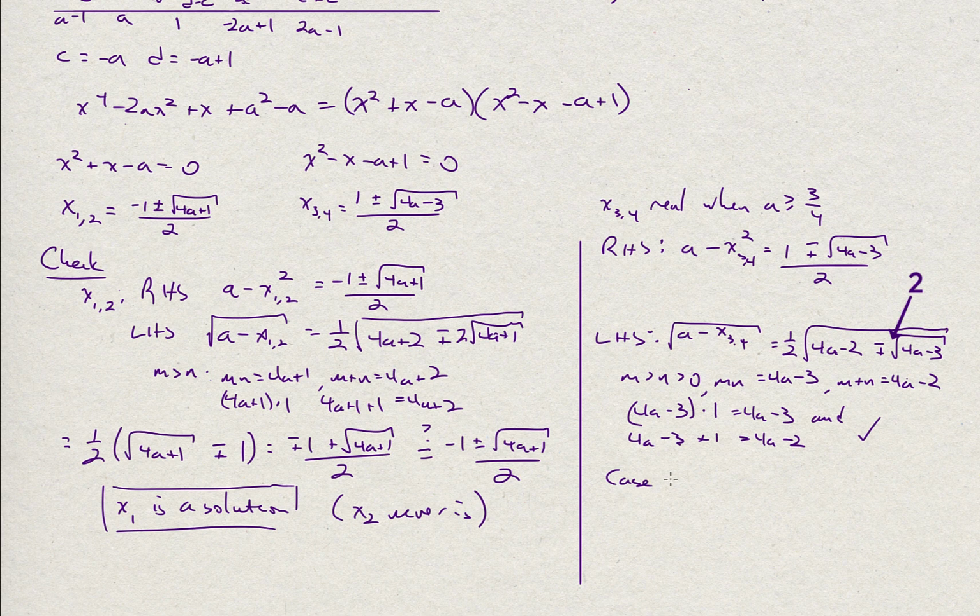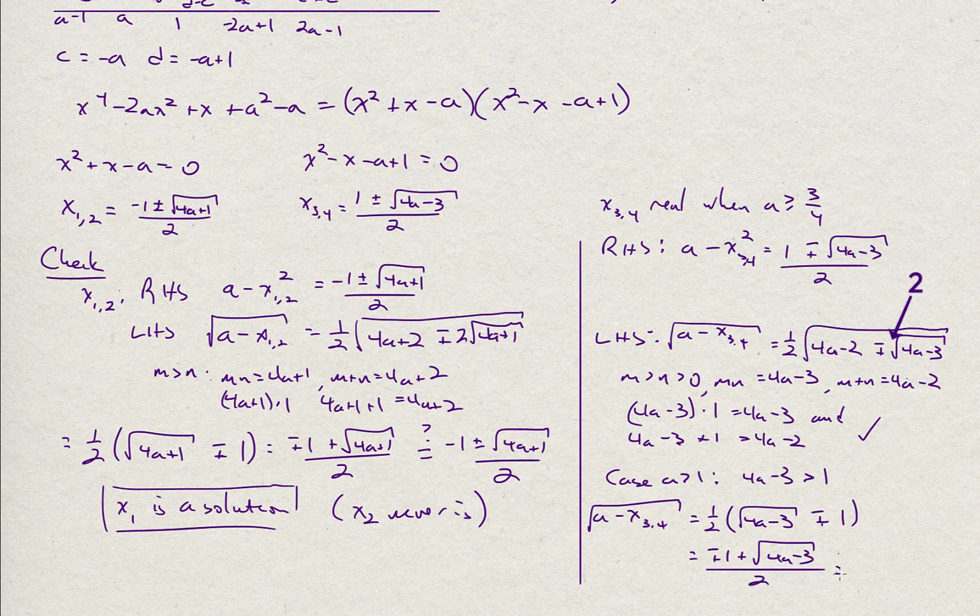So the first case is if a is greater than 1. Well, that means that 4a minus 3 is greater than 1, and so we denest in this way. 1/2 times the square root of 4a minus 3 minus or plus 1. In other words, minus or plus 1 plus the square root of 4a minus 3 all over 2.